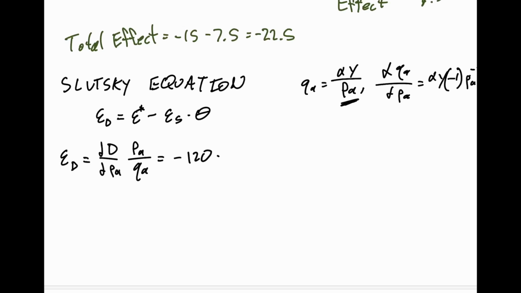So price here is 4, so that gives us 1 over 16, because it's squared. Then we multiply that by the price of A, which is 4, and then divide it by the equilibrium quantity, which is 30. And simplifying, this all comes out to be -1.